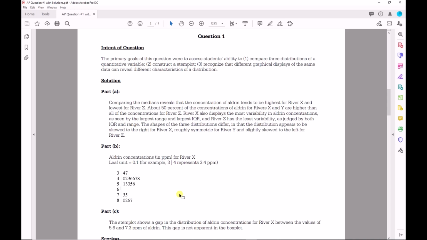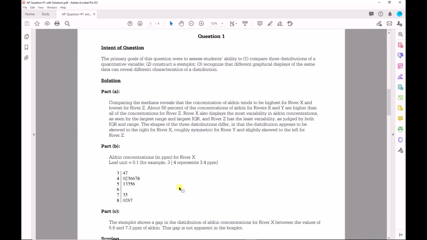They just don't show that much detail. Now, I did have a student say, well, you can pick out the mode from here, and you can't from the box plot. And that's very true. But you can do that in any comparison of a box plot with a stem plot for any particular data set. But this one, you're looking at a specific pair, so you want to look at what's uniquely different between both of them, and it would be that gap.